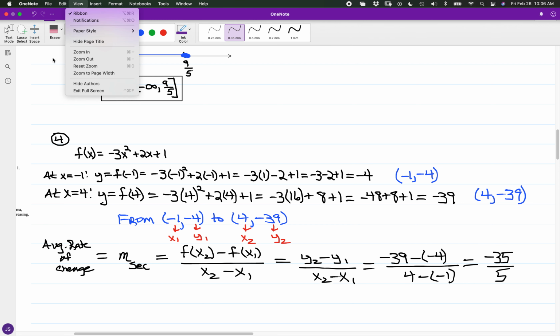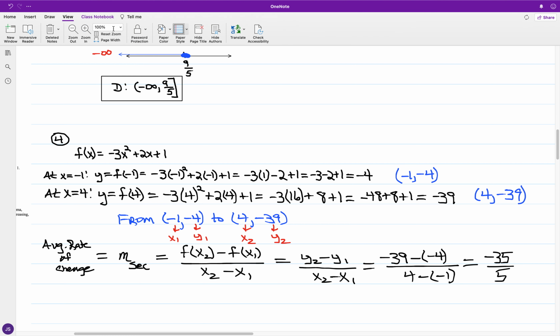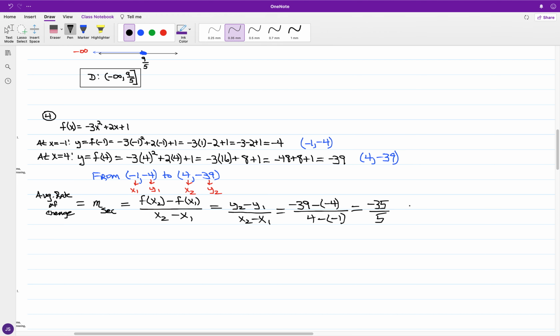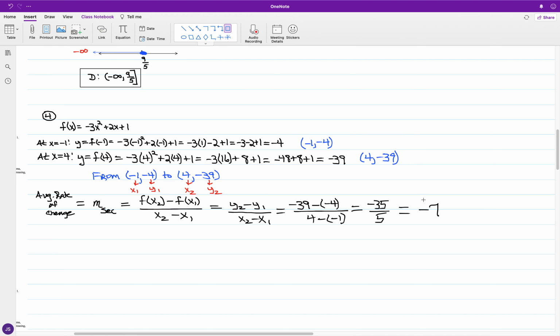For the average rate of change, that is going to be an integer value. 5 goes completely into -35, -7 times. So between these 2 points, not for the whole function, since the slope of the function is continuously changing, but for the snapshot connecting -1, -4 to 4, -39, the average rate of change comes out to -7.